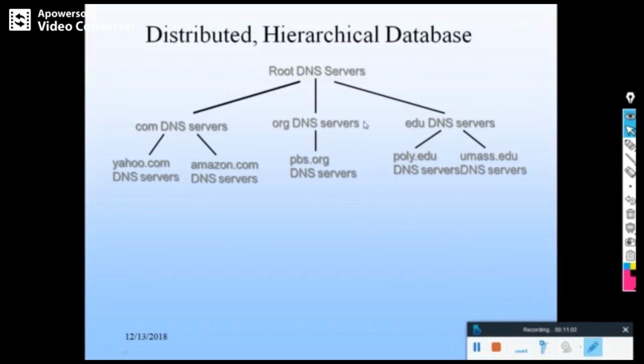Below the root servers, you have the com DNS server, org DNS server, edu DNS server. Under com, yahoo.com comes, amazon.com, google.com. They have their own DNS servers. Like this, it works.